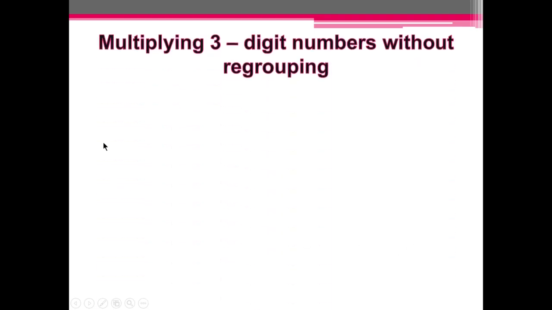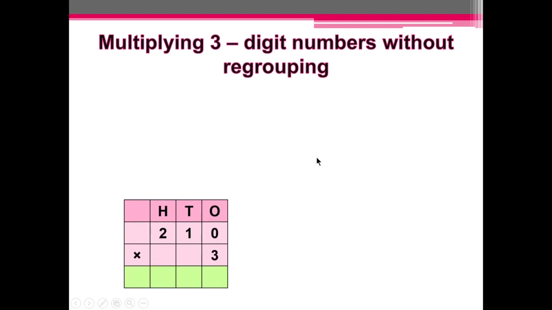Now, multiplying 3-digit numbers without regrouping. I know, you all know this one, right? So, this is our example. Can you tell me what we'll do first? First, multiply the ones. So, 0 multiplied by 3 is equal to 0.